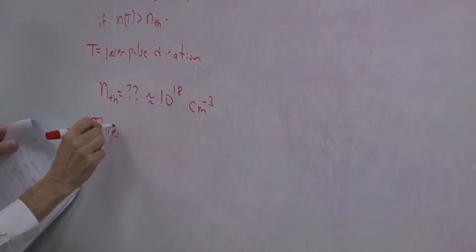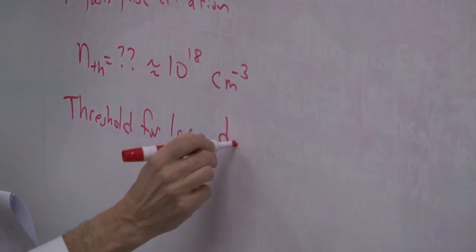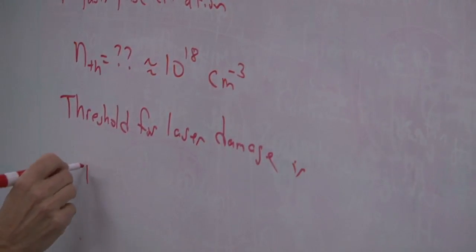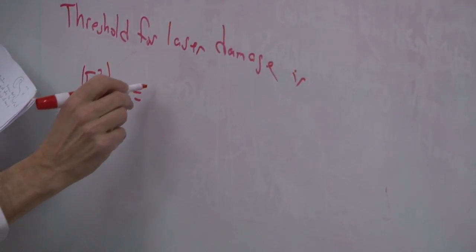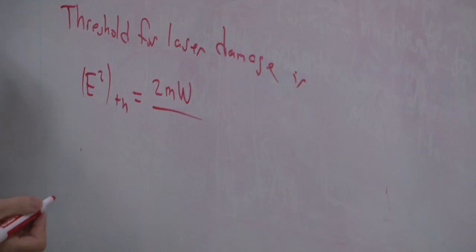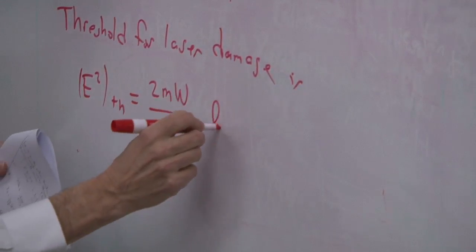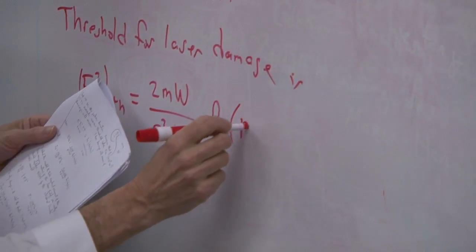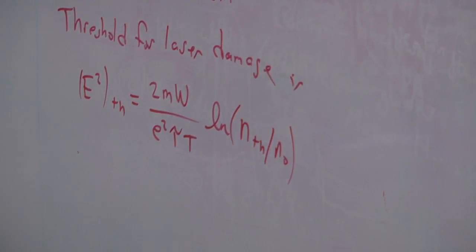So this tells us that the threshold for laser damage is E squared at threshold is equal to twice the mass of the electron, the ionization potential over E squared tau t, and the saving grace is that this is the natural logarithm of n threshold divided by n naught.